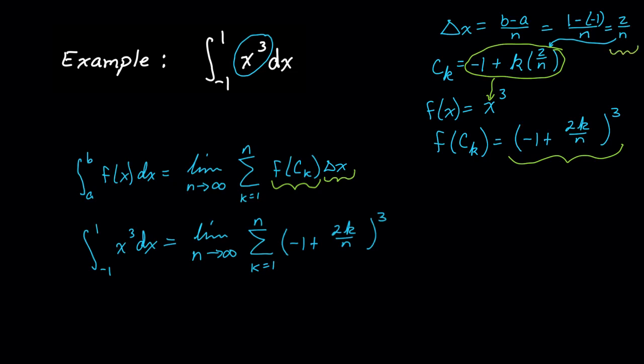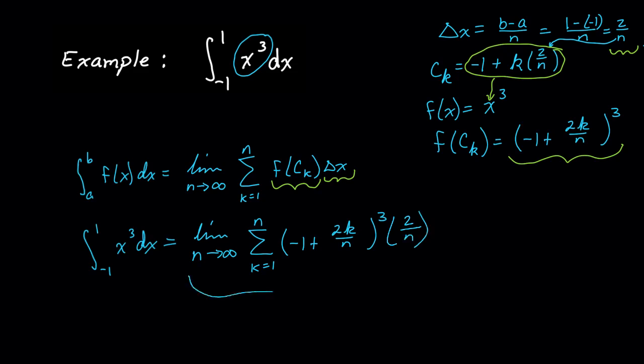So we're going to bring this part over here, which will give us times 2 over n. Okay? And so this would be your limit definition for this particular integral.